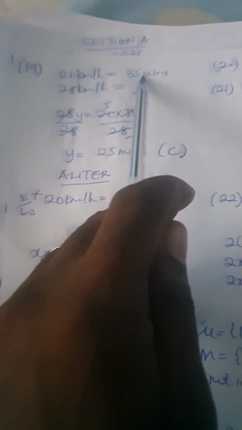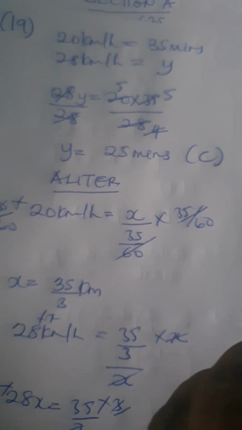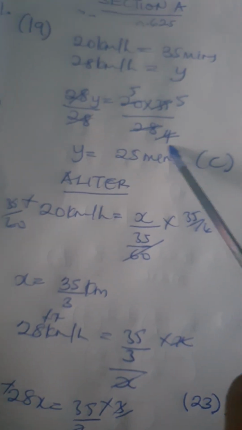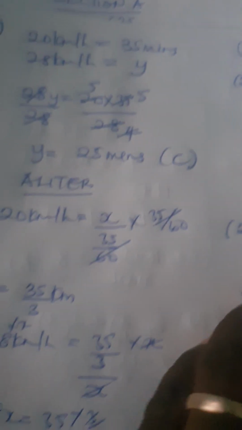So that's indirect proportion, so you use cross multiplication to solve. So that should be 28 times y, 28y, equals 20 times 35, divide through by 28. Simplifying, we get 25.